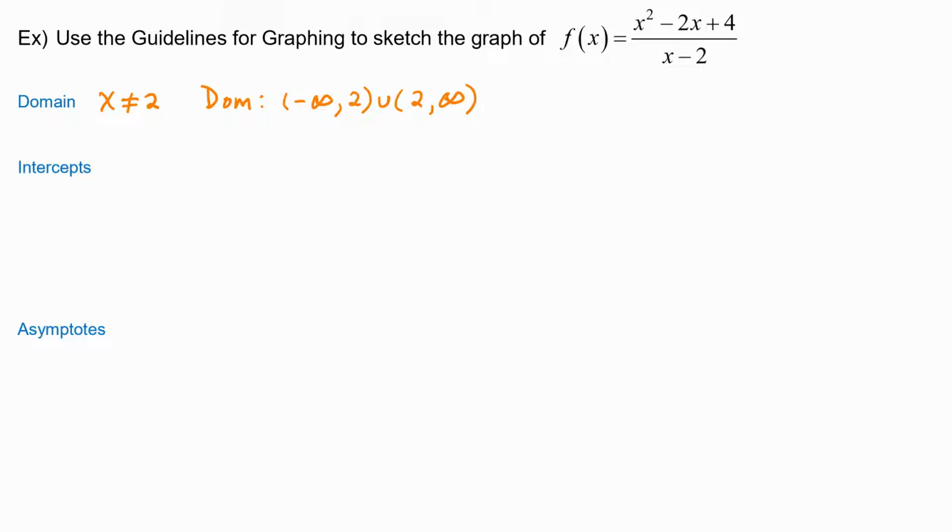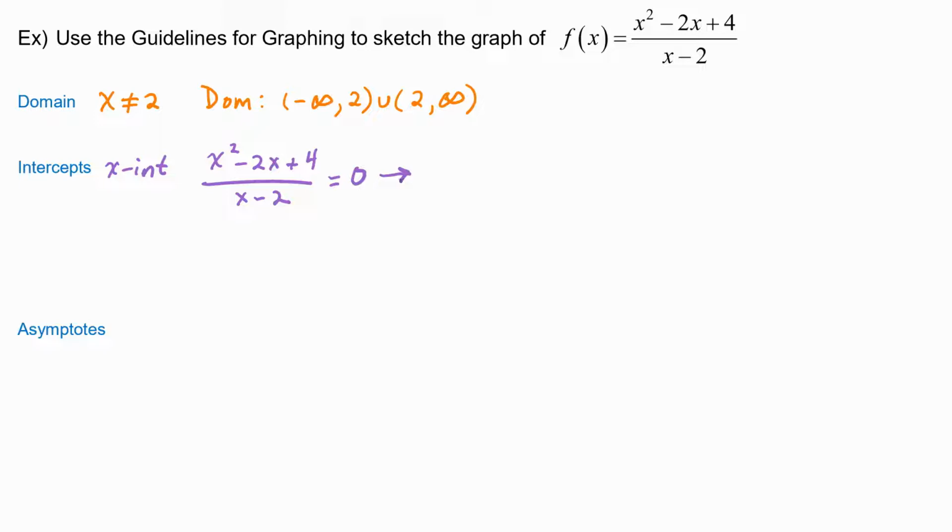Next, we find the intercepts, and for the x-intercepts, we take our function x squared minus 2x plus 4 over x minus 2, and we set that equal to 0.